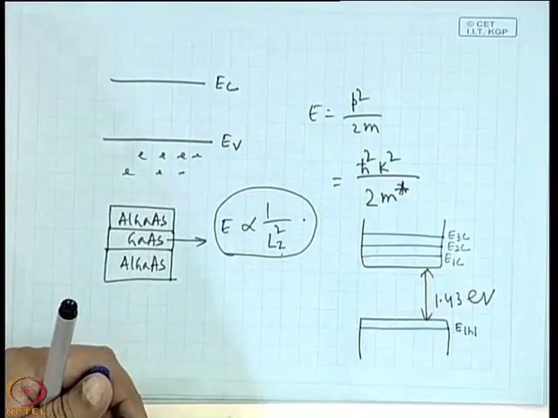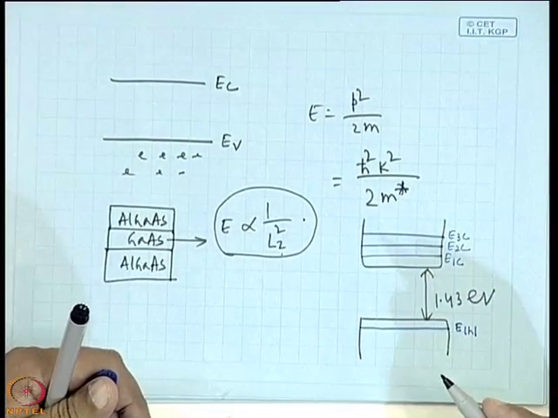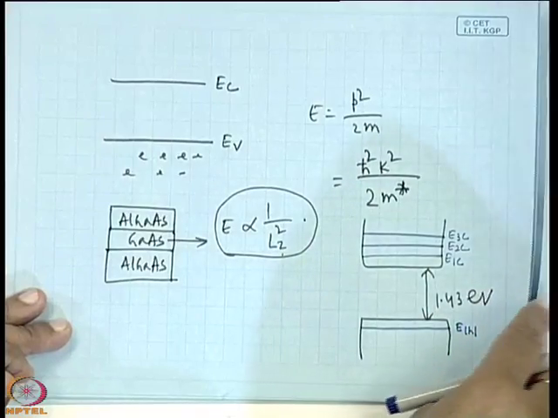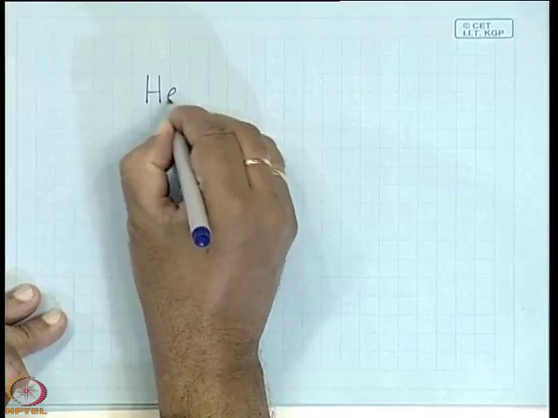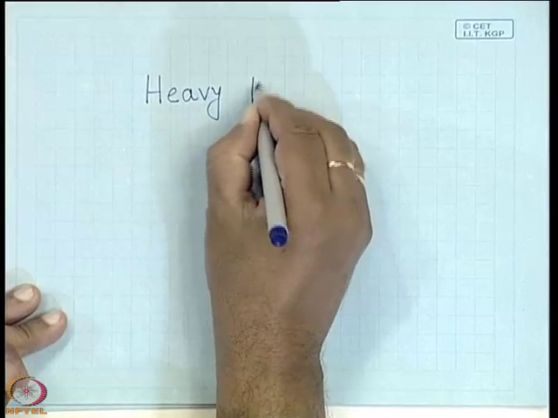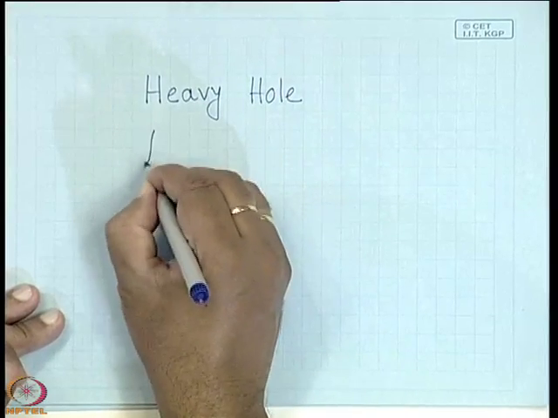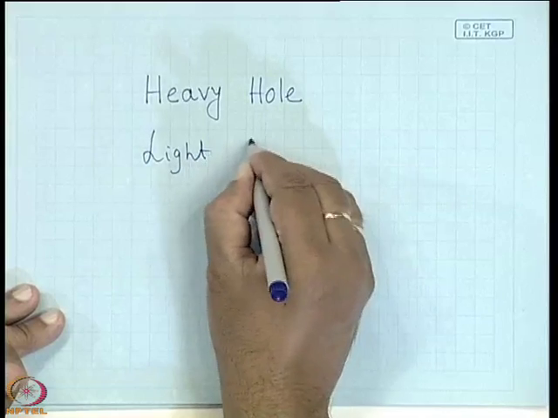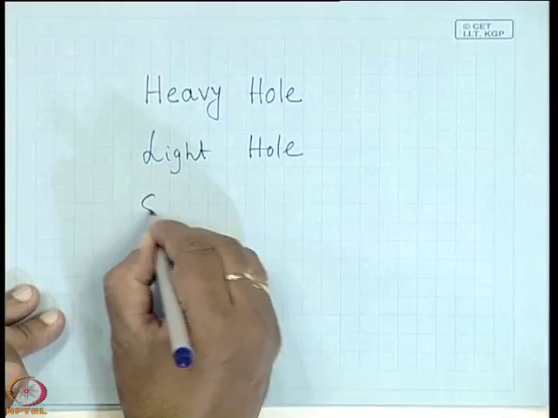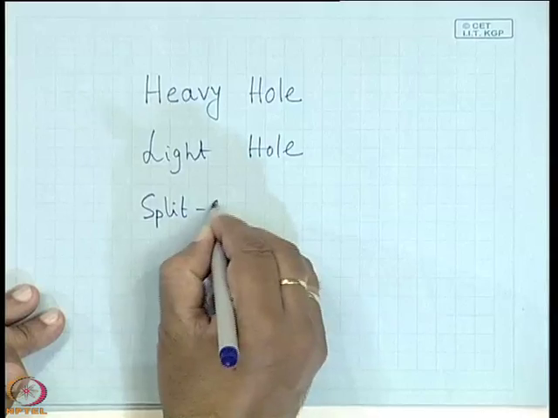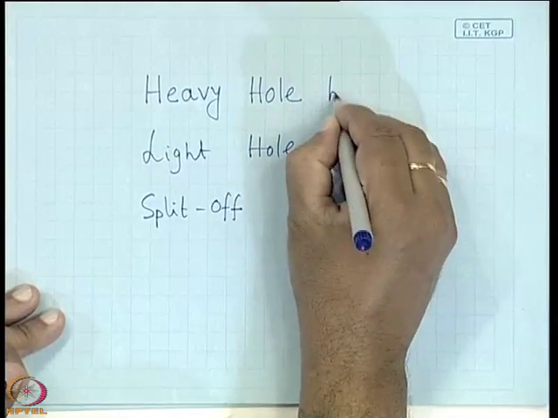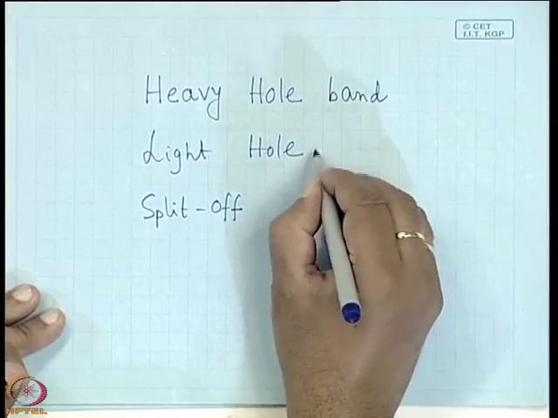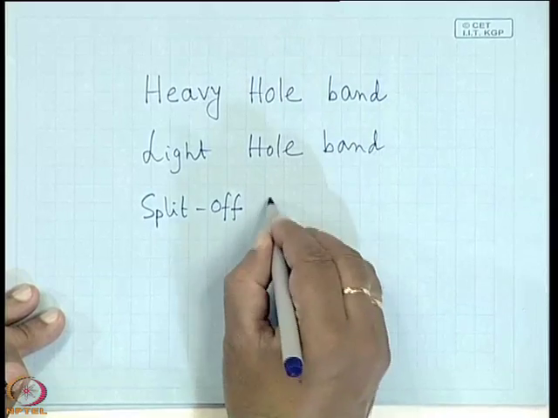How many bands are there in the valence band? When we talk about the valence band, basically there are 3 bands. One is the heavy hole band, another is the light hole band, and the third one is the split off band.